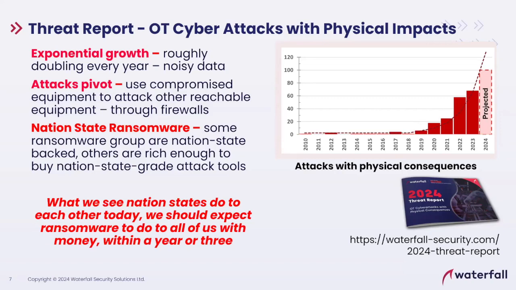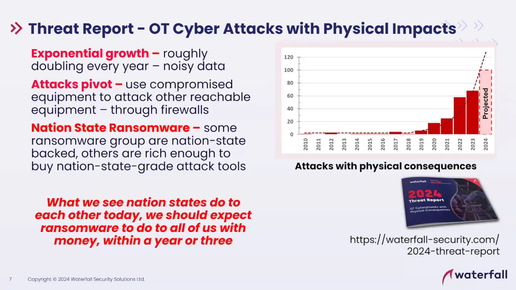North Korea is accused of backing a number of ransomware groups because those groups produce foreign currency for the sanctioned regime. Other ransomware groups are wealthy enough to either build their own or buy on the black market nation state grade attack tools. These are very capable enemies.